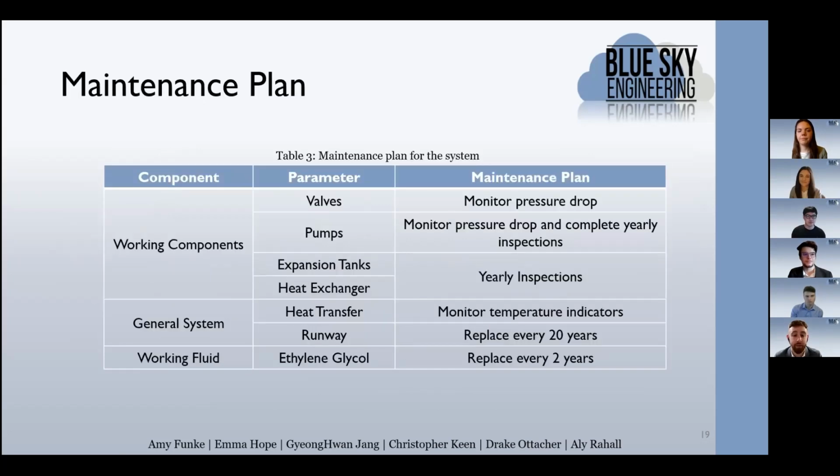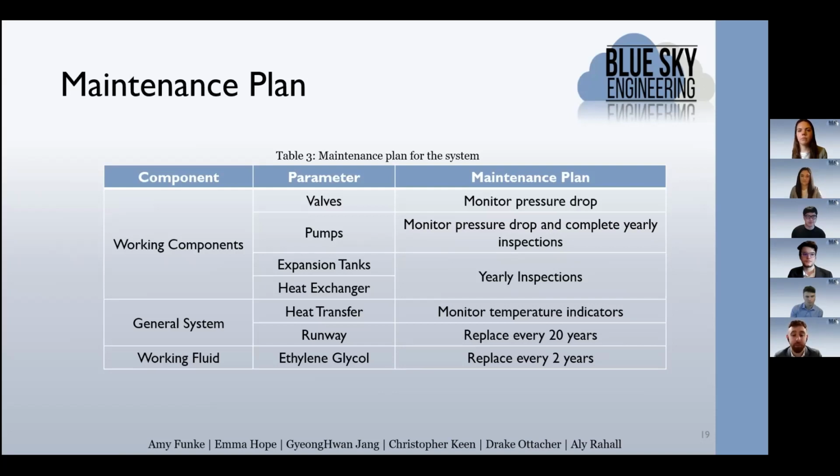The maintenance plan covers 3 areas that would require regular maintenance, and that would be working components, the overall system, and the working fluid. For working components, which would include valves, pumps, and expansion tank, the heat exchanger to be designed would be in the future. These components would require yearly inspections, and a pressure indicator would be used to monitor the pressure drops.